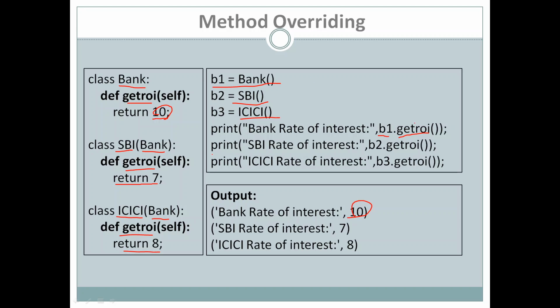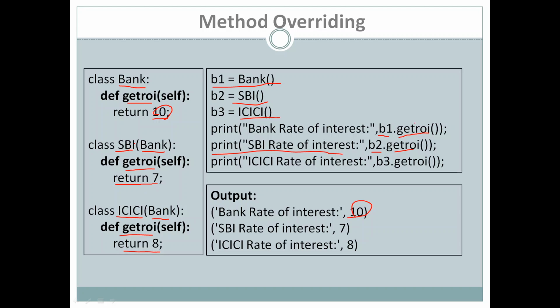Then we have the second print statement, the SBI rate of interest, b2.get rate of interest. Now b2 is an object of SBI. You may say that the SBI class contains two get rate of interest methods, one from the super class Bank and another its own. The super class method returns 10, whereas the child class method returns 7.